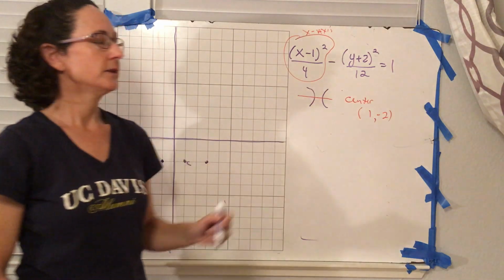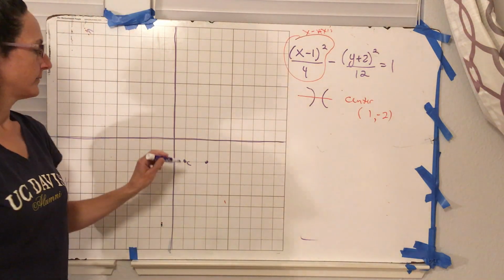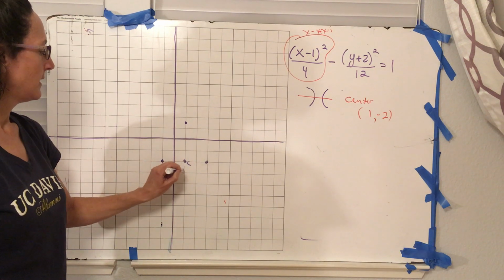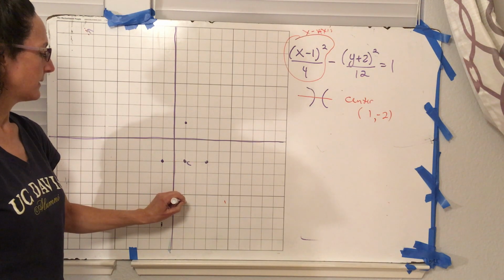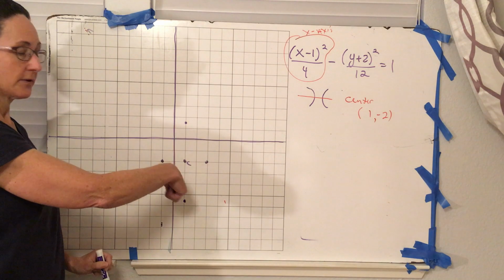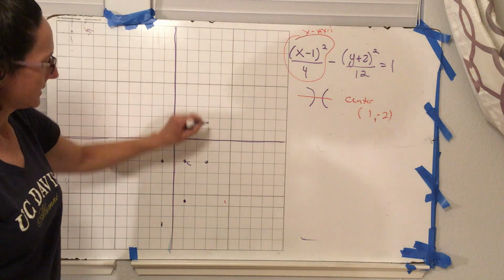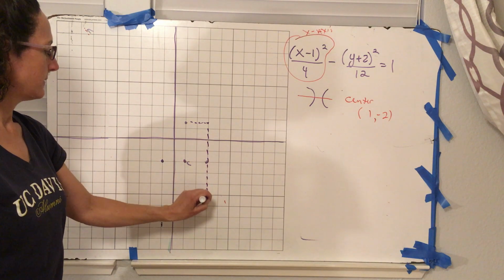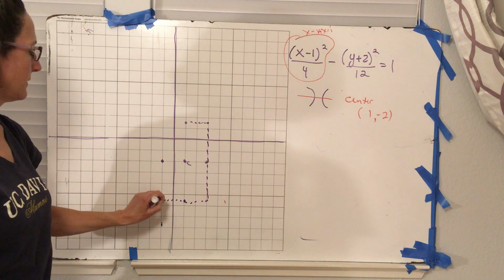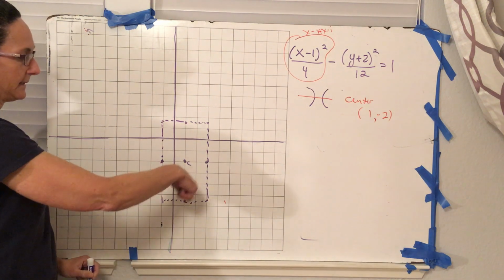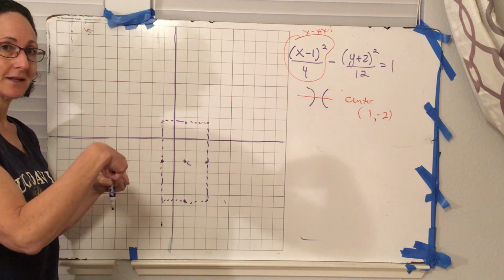In the y direction, you go up and down root 12, which is like 3.5. Instead of drawing an ellipse, draw me a box instead. So out, down, over, up. So a nice little box. The ellipse would be inside the box. The hyperbola is outside the box.